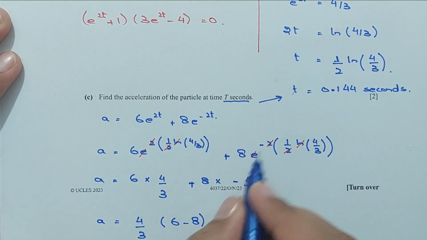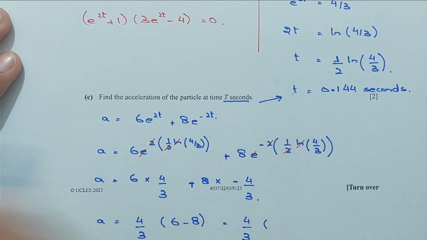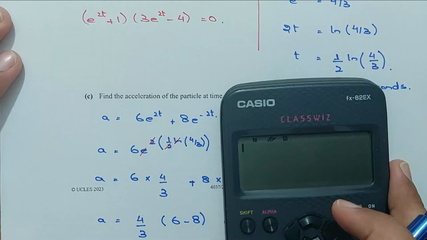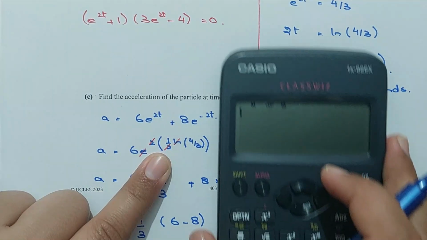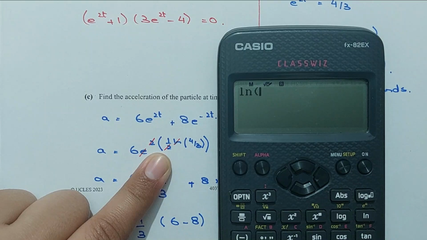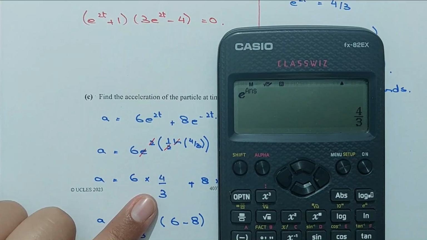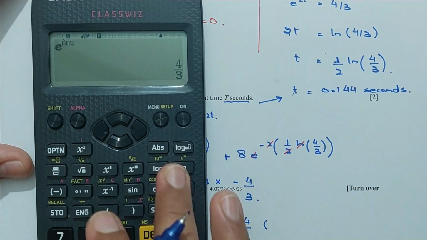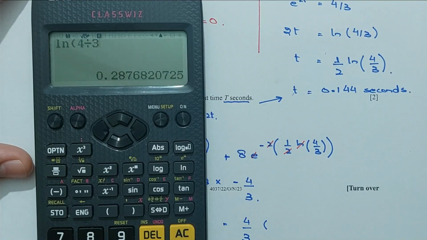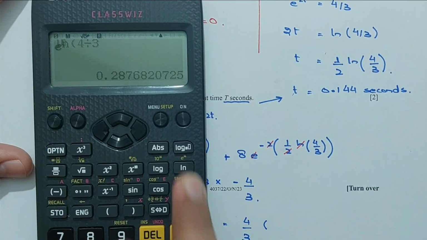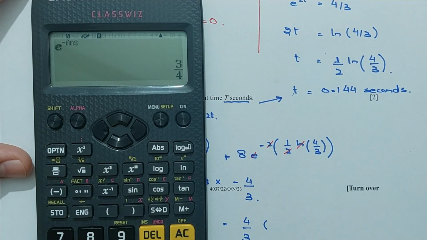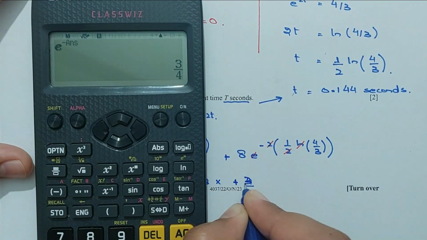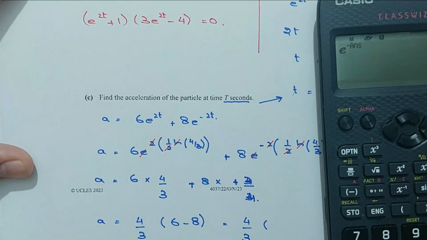When the exponent is negative, we have to take the reciprocal. Let me show you. 2 is cancelled with 2, and we have ln 4 by 3, and the exponential of the answer is just 4 by 3, so 6 into 4 by 3, right? Now with positive a, 2 is cancelled with 2, we have ln 4 by 3, and the exponential of the negative of the answer is 3 by 4, so it's positive 3 by 4, right?